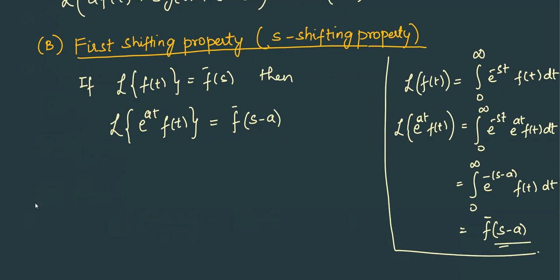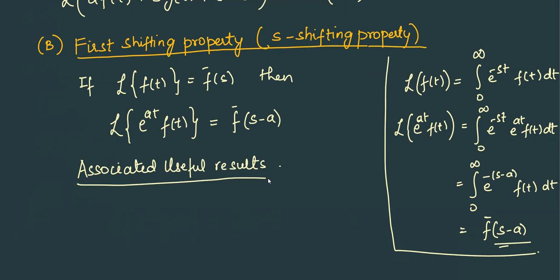So this is a very useful property and associated useful results. In all these cases, s is greater than a. Associated useful results: we know that Laplace transform of 1 is 1 by s. So Laplace transform of 1 times e power at will be 1 by s minus a.